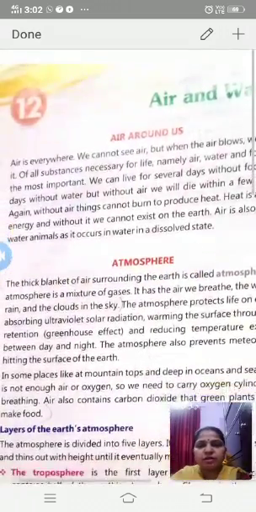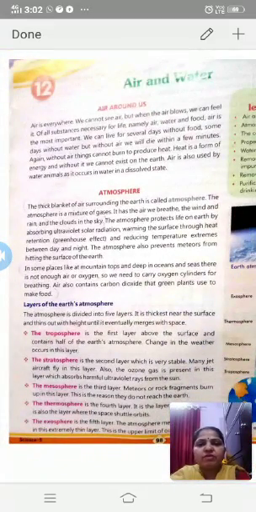So let's start. Air is everywhere. What is air? We cannot see air, but when the air blows, we can feel it. Of all substances necessary for life, namely air, water and food, air is the most important. We can live for several days without food, some days without water, but without air, we will die within a few minutes.